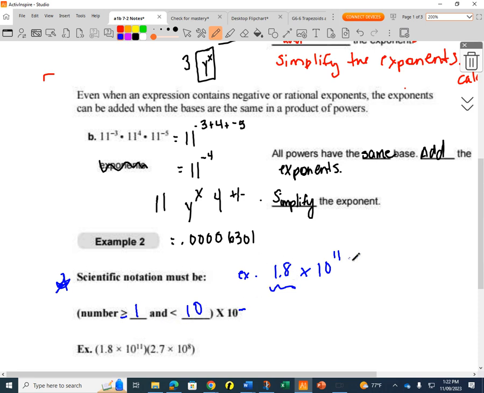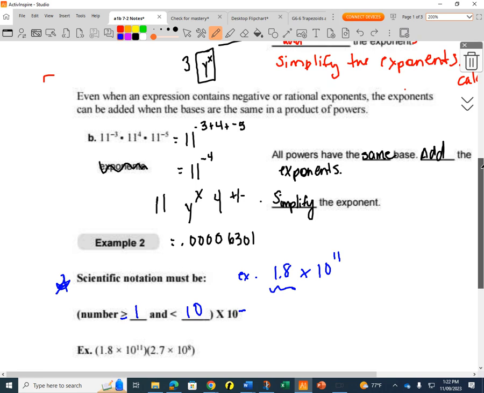And then it's times a power of 10. They call this a power of 10. It's 10 raised to a power. It's always a 10 here. So in this case, this is the number between 1 and 10, and the power would be 11. Any questions on that?